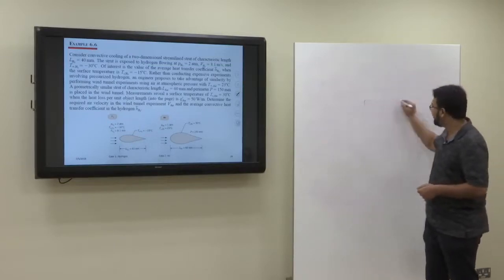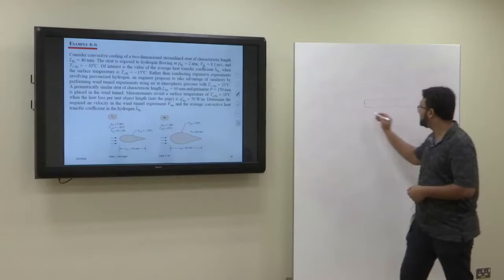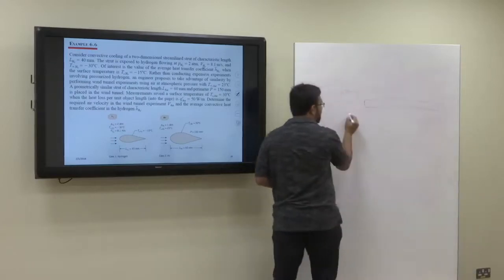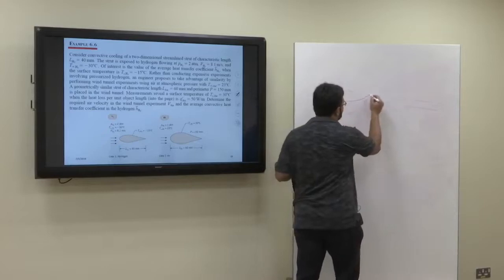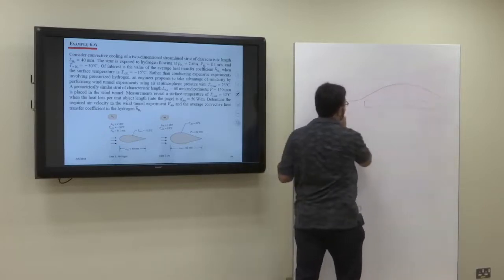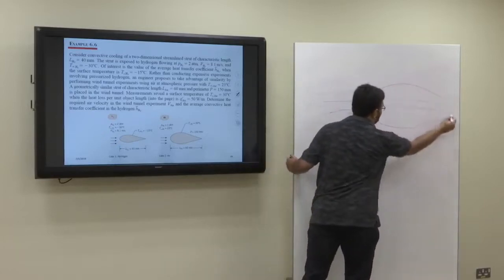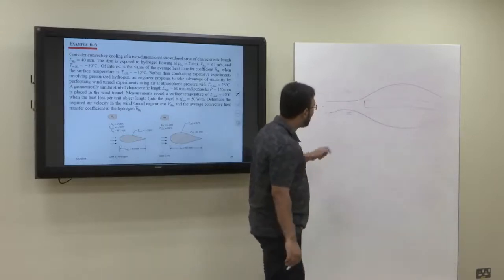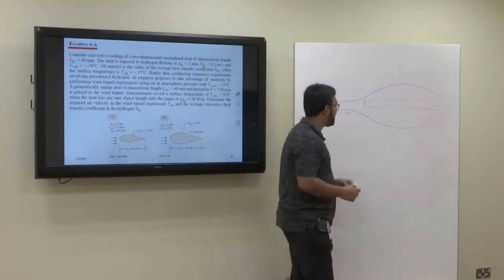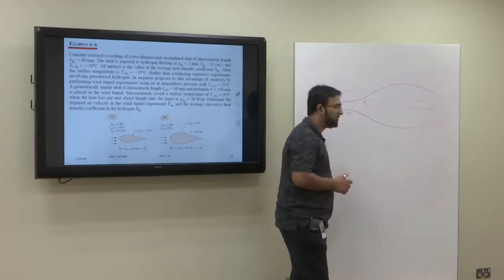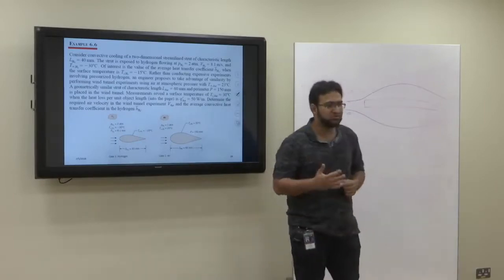You see, you have a plate here, and suppose a fluid is flowing. How would the fluid flow be? It would be like this, right? So you have a boundary layer region developed. Now the boundary layer region presents some resistance.